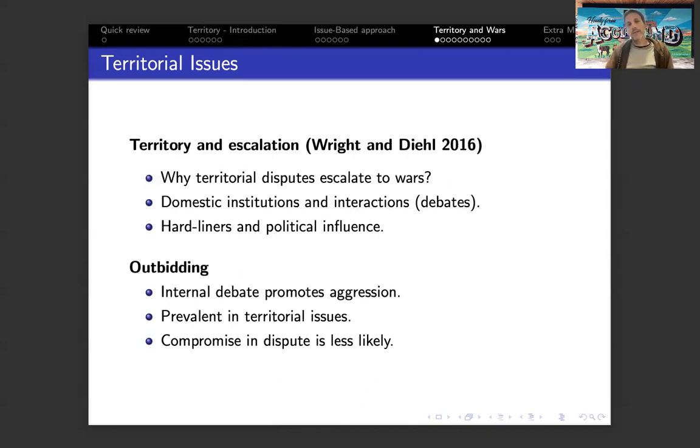As an example, there was a study conducted on internal debates in Northern Ireland at the time that the Irish clashed with the British over the control of Northern Ireland. And those studies have shown that there were leaders on the Northern Ireland side who gained substantial public support by presenting a very hardline approach, even before they entered their leadership positions.